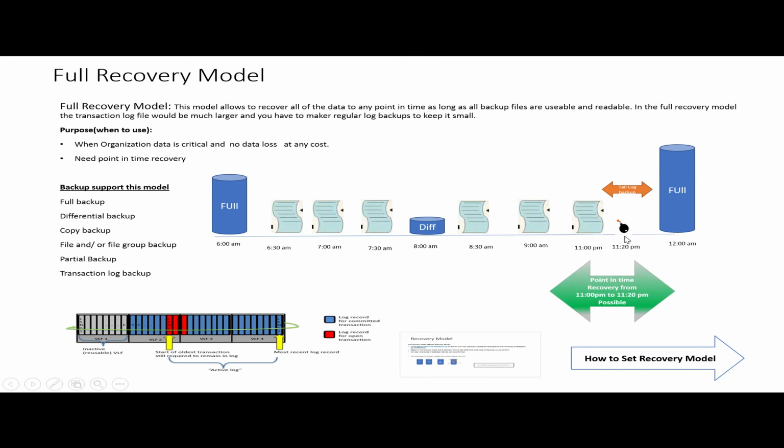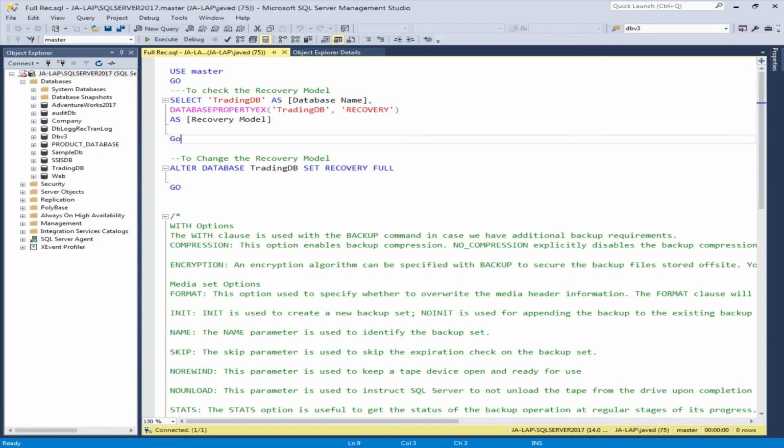Now let's see how to set the full recovery model in the SQL Server. This is the SQL Server Management Studio, and we are in the query analyzer. We want to set the recovery model for our example database trading DB. There are different ways to set the recovery model. The first is to use a query.